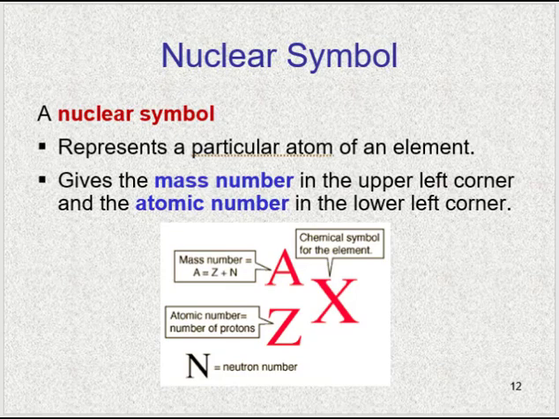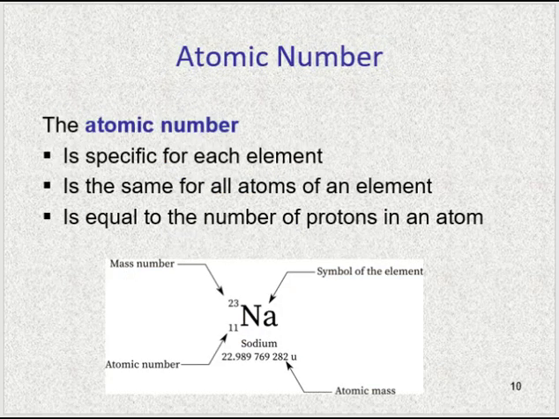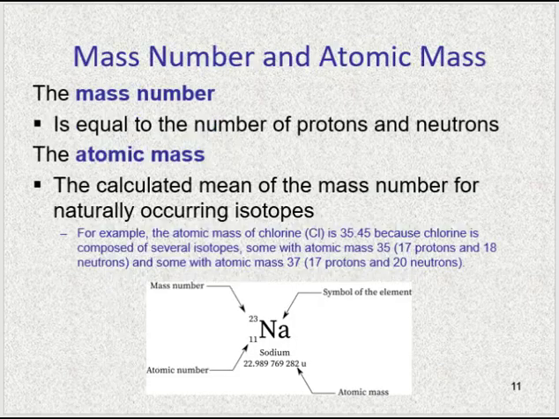The mass number is the number of protons and neutrons together. The atomic number for each element is specific to that element. All atoms of the same element share that same specific atomic number. An atom's atomic mass is equal to the number of protons and neutrons within the atom.